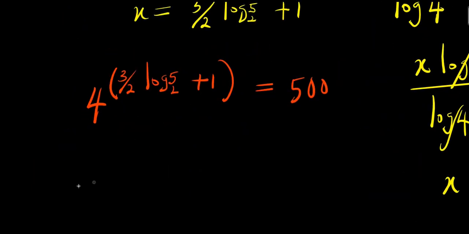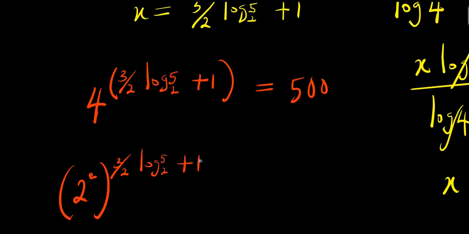I can simply have this as 2 power 2, that is 4, raised to the power of 3 over 2 of log 5 to the base of 2 plus 1. And this equals 500.